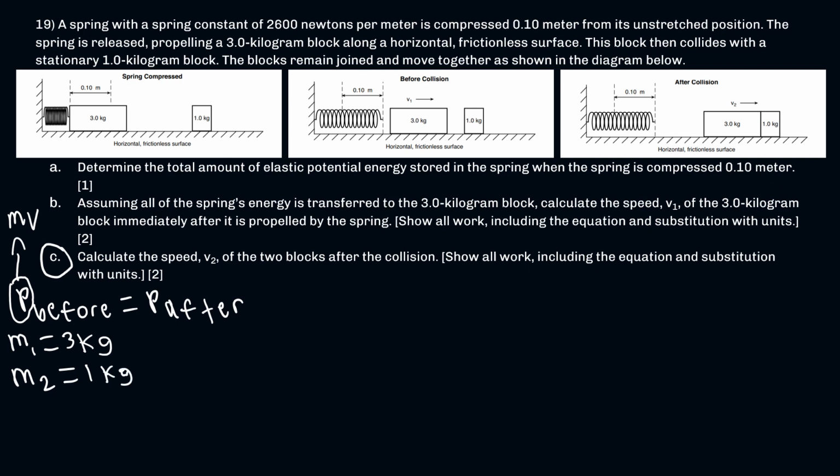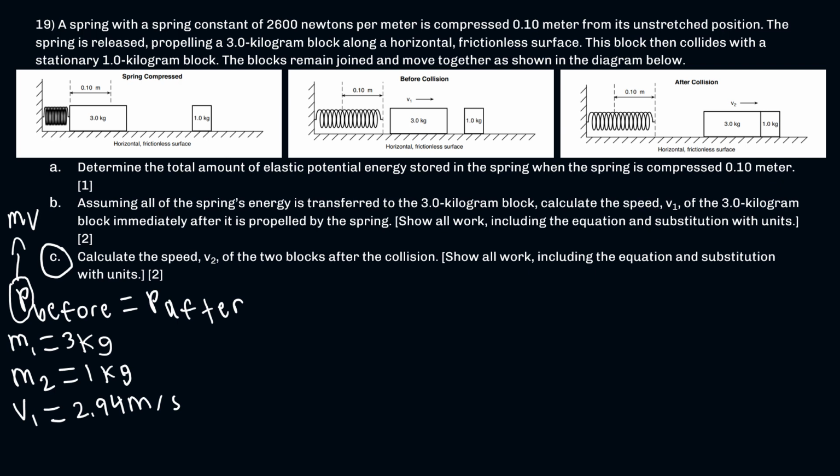So what else do I have here? I just found a velocity in part B of the question, and that was a velocity for the 3 kilogram block. So that is V1, the velocity that goes with my first mass, and that is going to be 2.94 meters per second. I then also have a velocity that goes with my second mass.